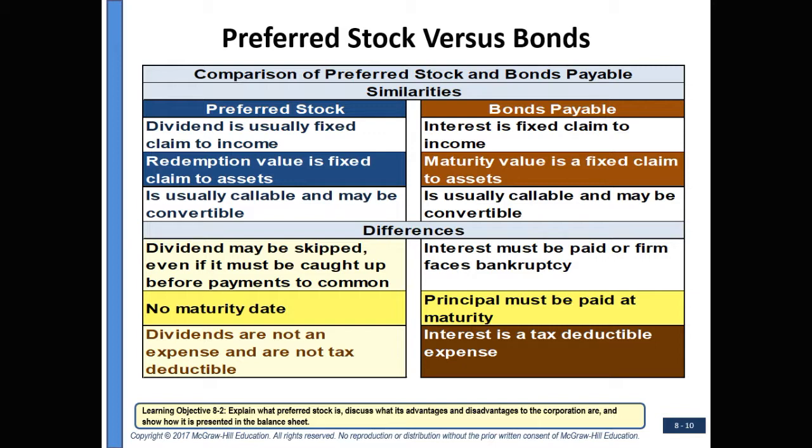And dividends are not an expense and are not tax deductible, whereas interest is a tax deductible expense. So in deciding whether to issue preferred stock or bonds, these are some of the things that managers go through. They determine which is going to be in the best interest of the organization, depending upon their strategic initiative at that given point in time.